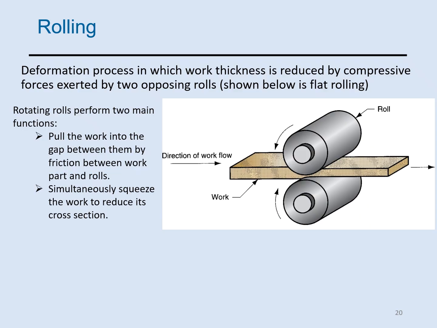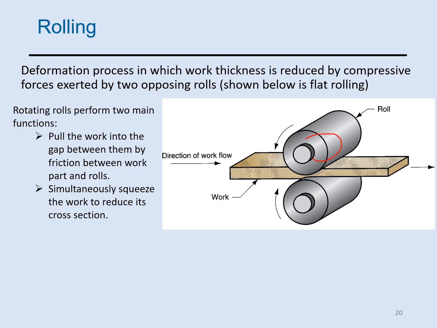The first process is the rolling process, where the thickness of the material is going to be reduced because we have a slab or plate going between the two rolls, as you see in this picture.